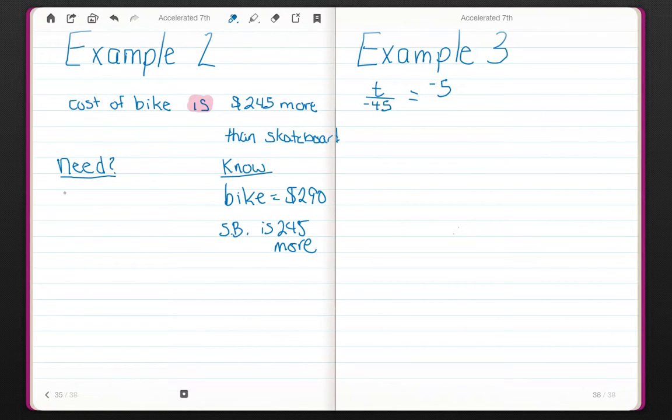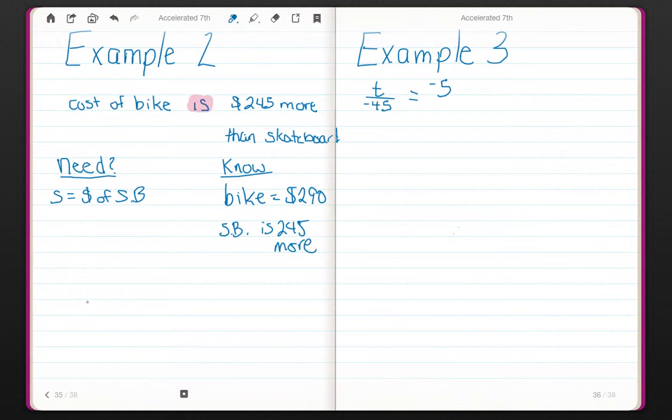What I don't know is S, the price of the skateboard. So I'm going to use this information to write an equation. The word "is" tells me where my equal sign goes.